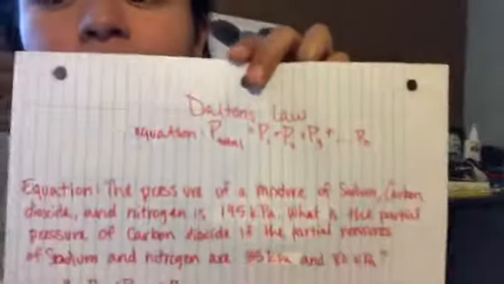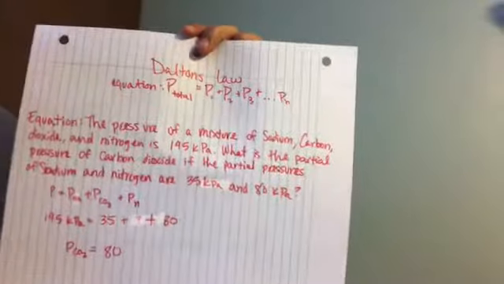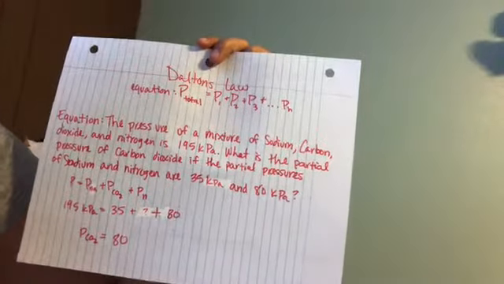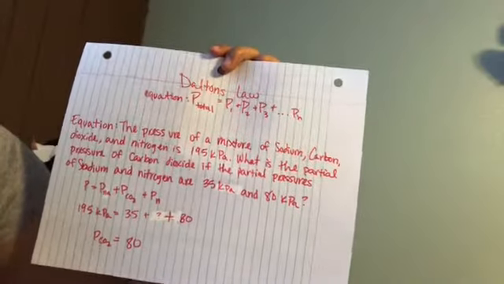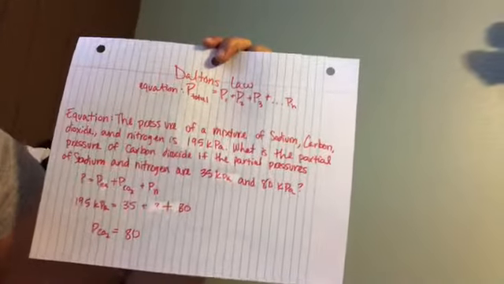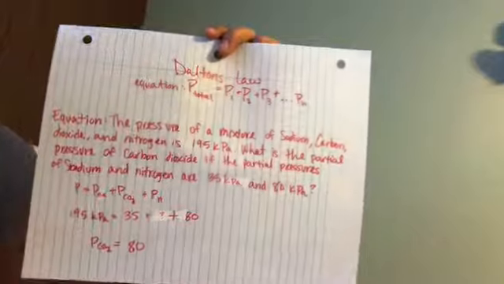The problem here says the pressure of a mixture of sodium, carbon dioxide, and nitrogen is 195 kPa. What is the partial pressure of carbon dioxide if the partial pressures of sodium and nitrogen are 35 kPa and 80 kPa?